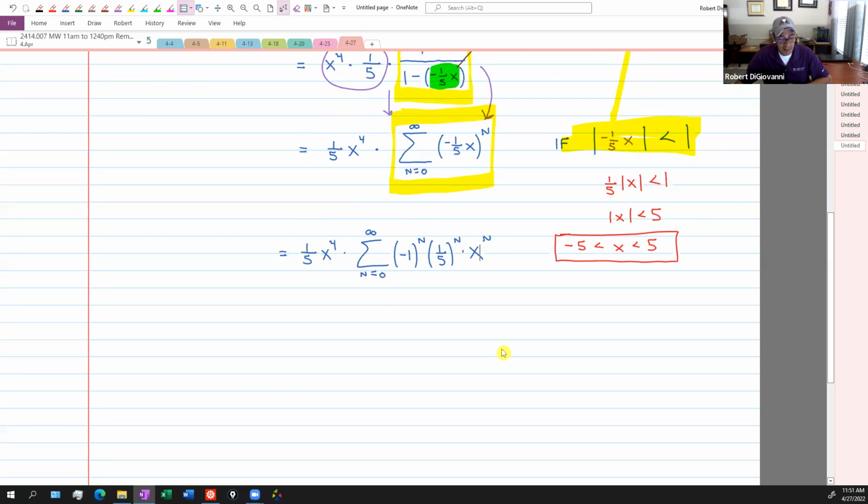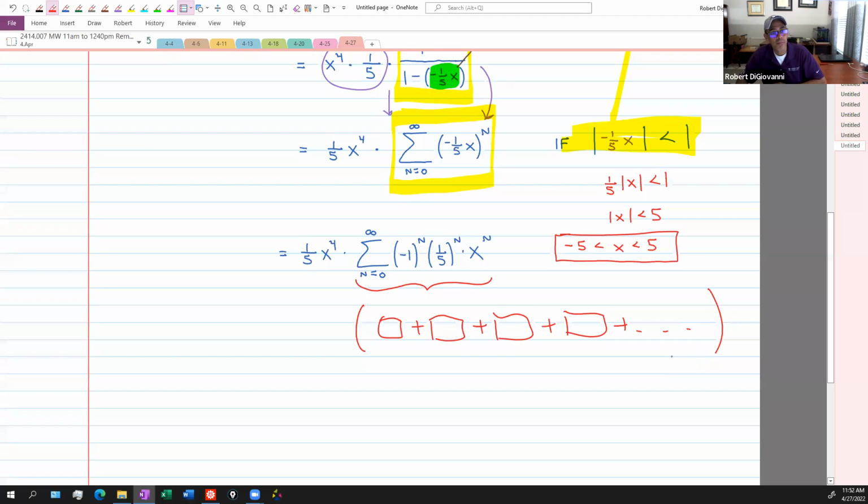And the reason I did that, and I want you all to really think about this, is that this right here is a sum. It's something plus something plus something, and it keeps going forever, yes? And I have a 1/5 x^4 that would distribute through to each one of those, wouldn't it?